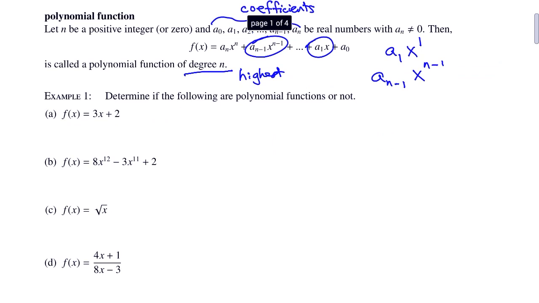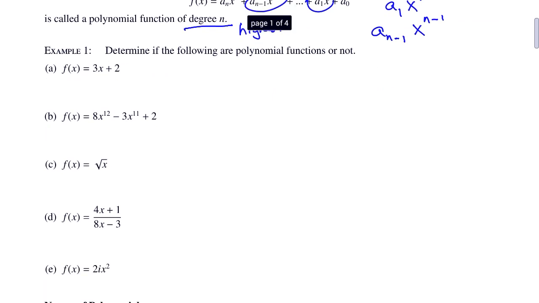Example 1. Determine if the following are polynomial functions or not. A, f of x is equal to 3x plus 2. First off, do you have x's that are raised only to positive integer powers? The answer is yes. And then are your coefficients real? Yes.